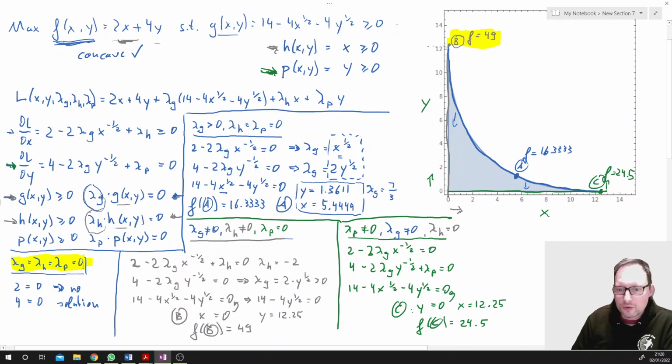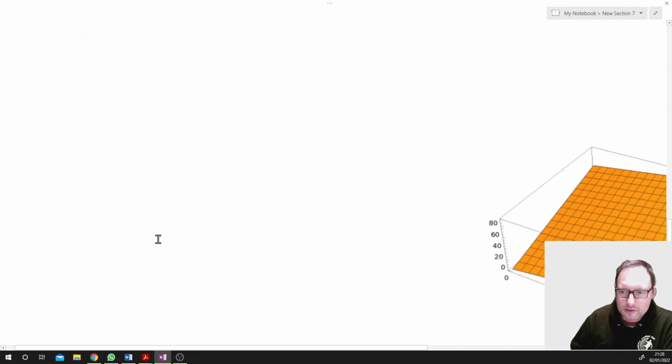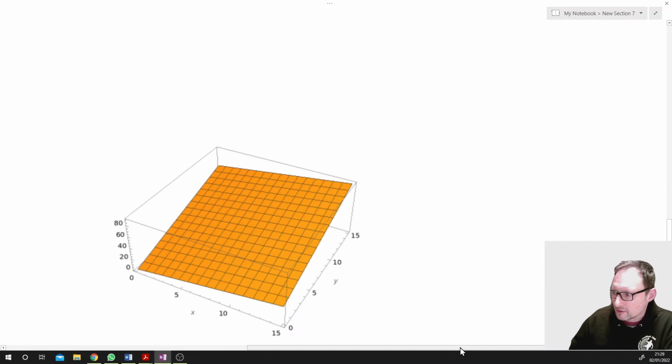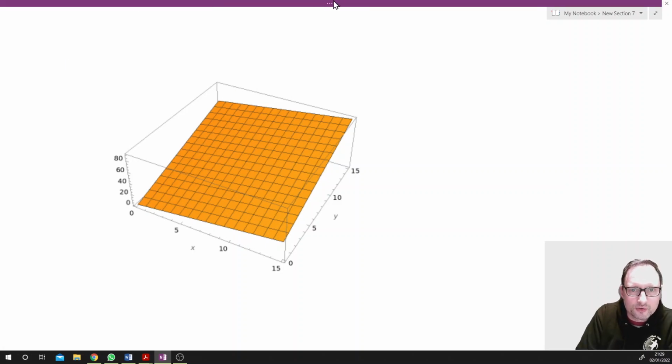Now what I want to do at the end is show you the actual function. So here's the actual function. That is the f function. That was 2x plus 4y.